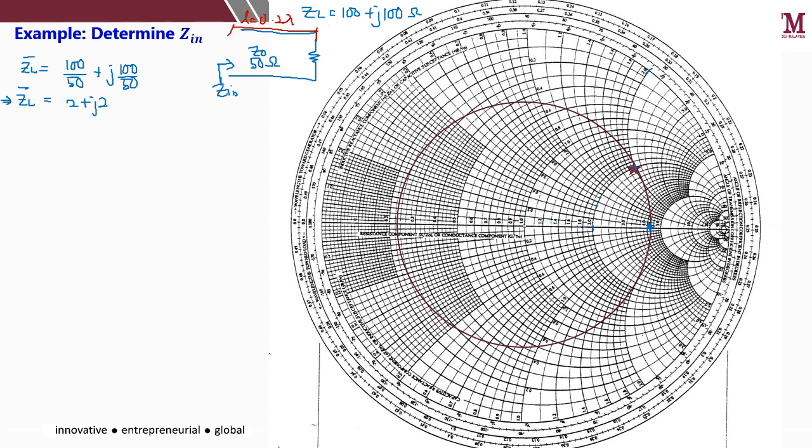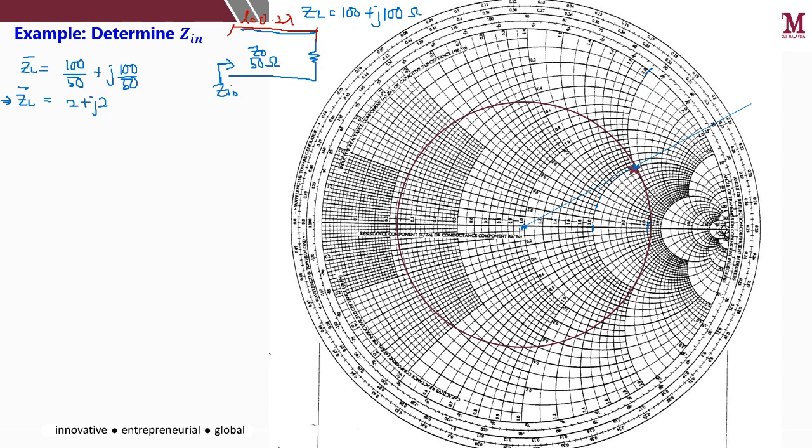Okay, so when you have drawn the SWR circle, then you'll draw another line from the center of the Smith chart crossing the point of your impedance. Okay, so from here you look at the current position.